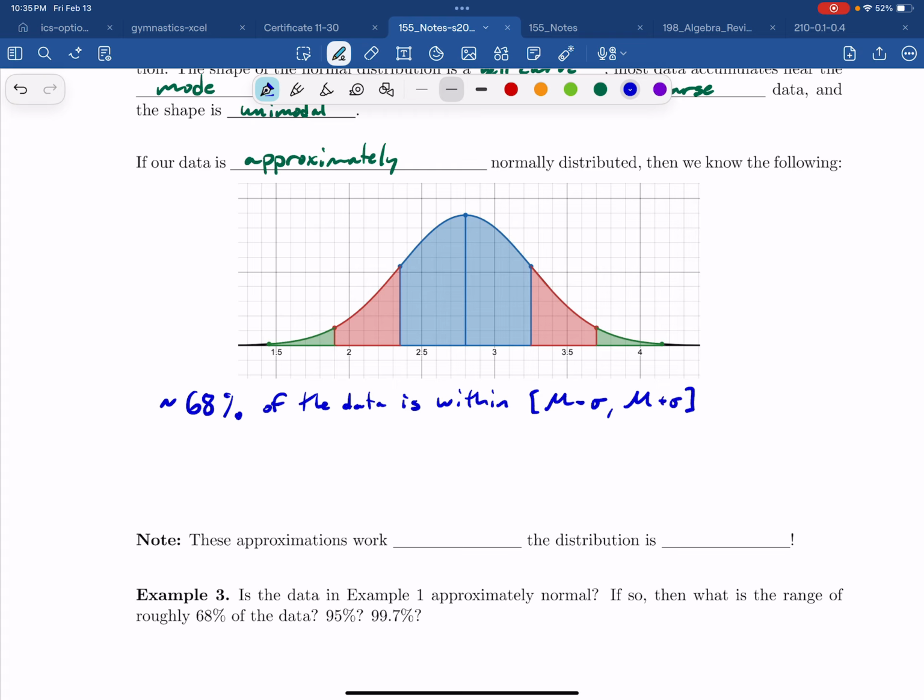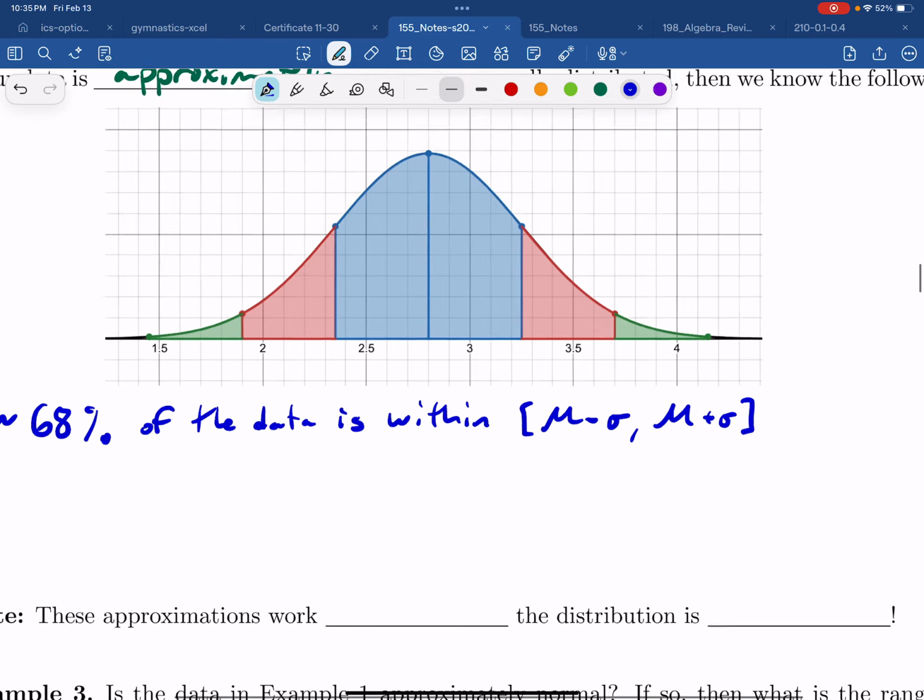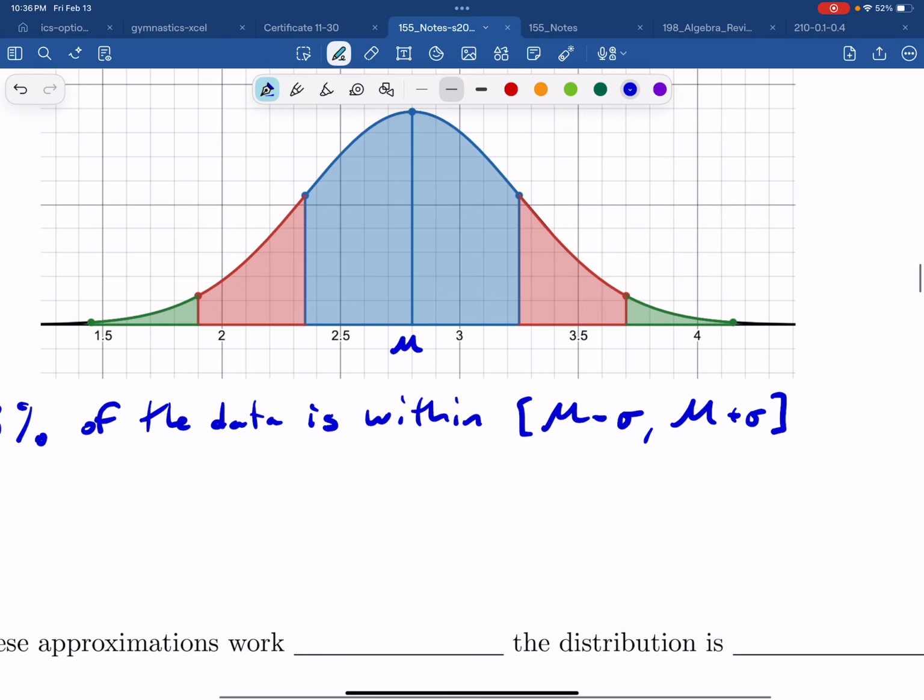So if this right here is mu, the center of the distribution, then this right here is mu minus sigma, and this guy is mu plus sigma. Okay, and that is roughly 68% of the data.